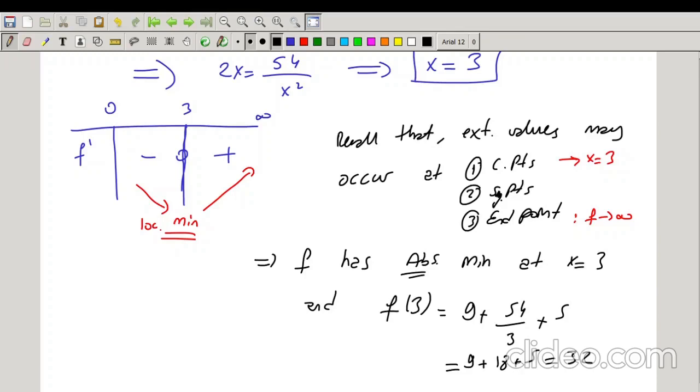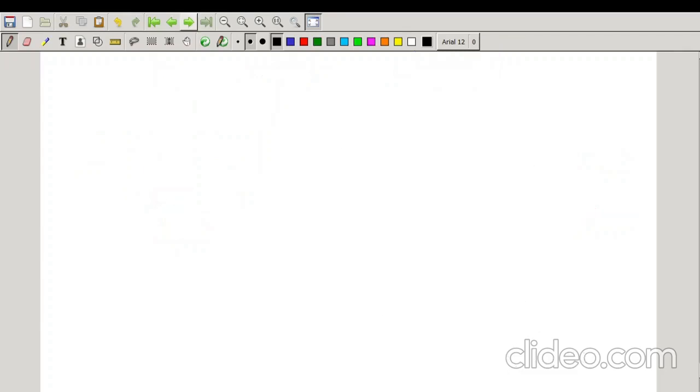Okay, this is our absolute minimum at point 3. I will terminate our lecture with a last example. This is a nice example, that's why I want to solve it. Last example: f of x is given as x times e to the power minus x squared. There are similar questions in your section.